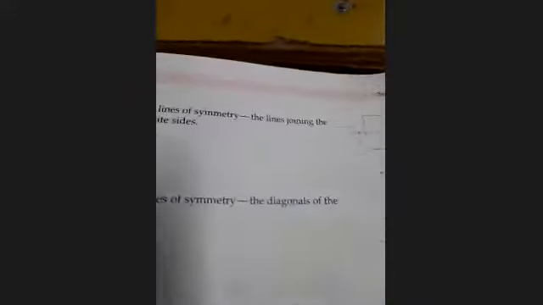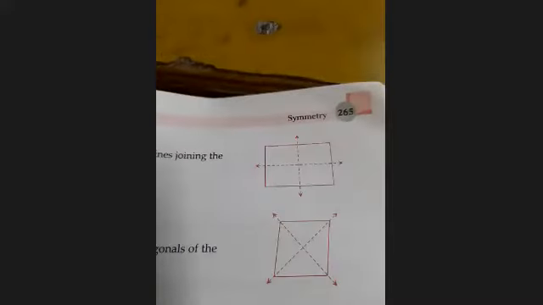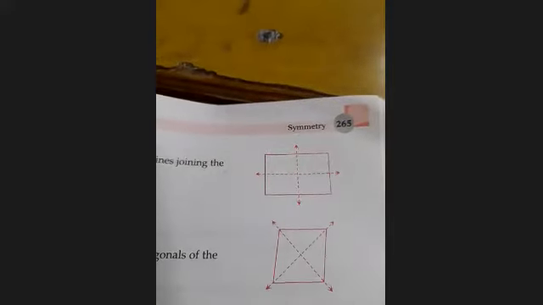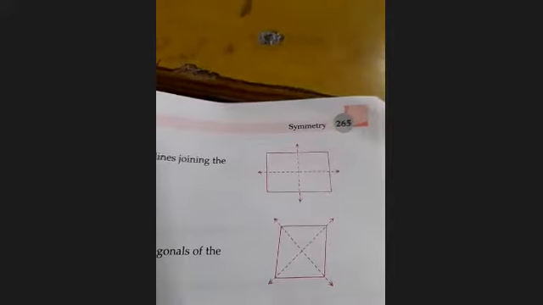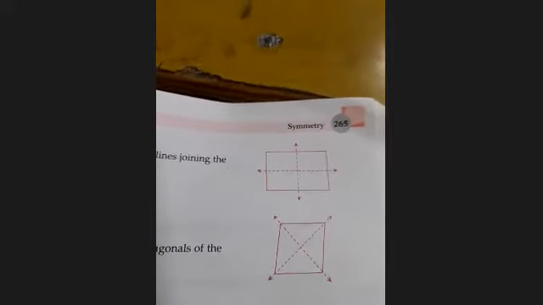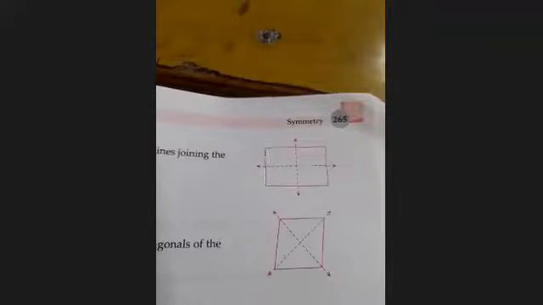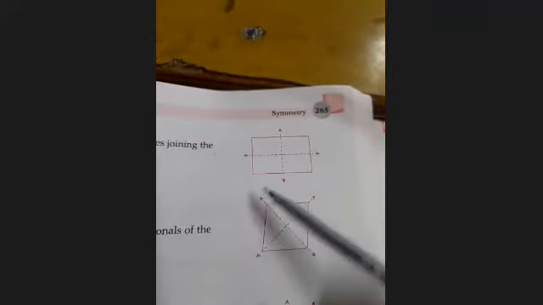Next figure, a rectangle. To find the line of symmetry of a rectangle, first fold this rectangle horizontally, then vertically. You can find the lines of symmetry.